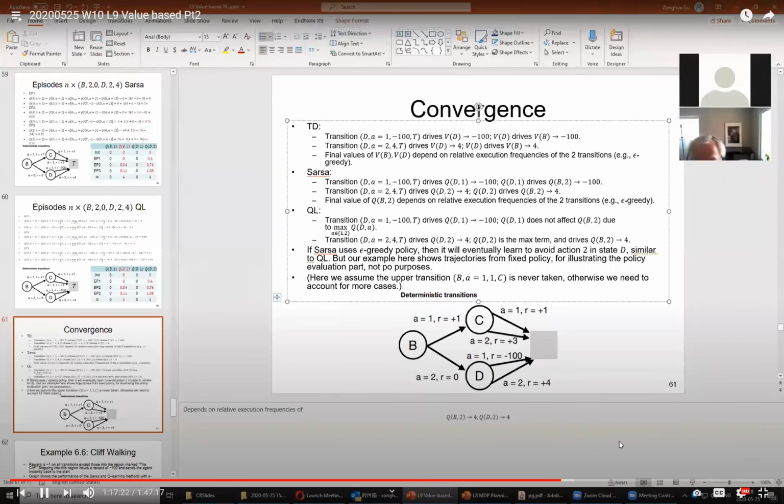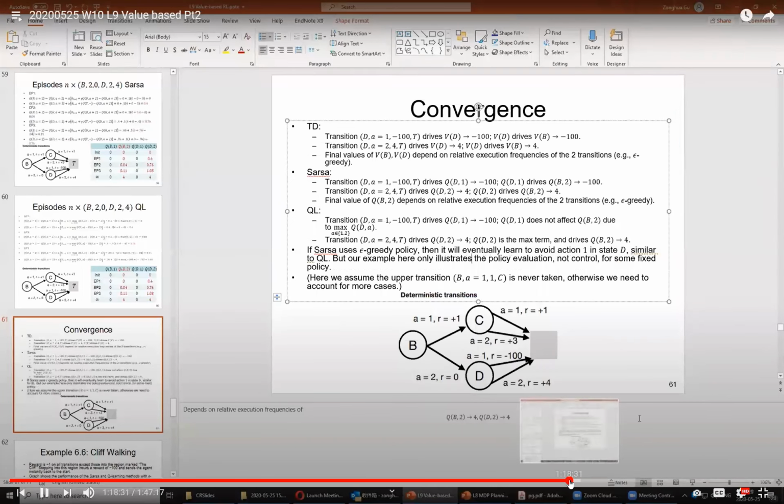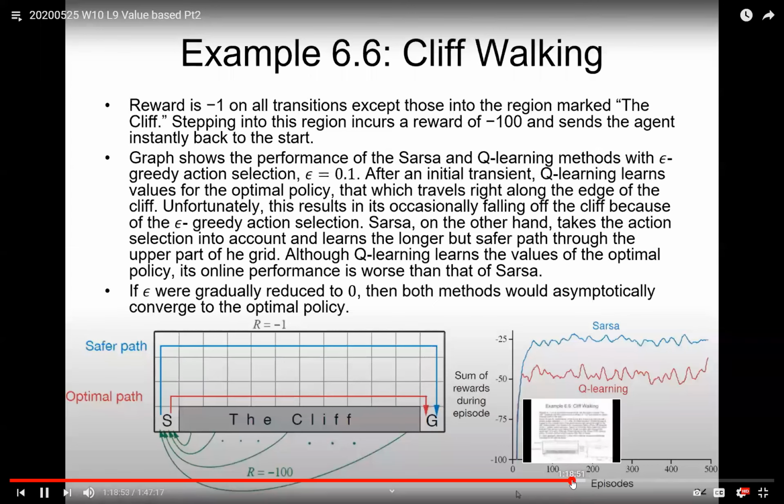Not off-policy. Avoid action. Region marked the cliff.